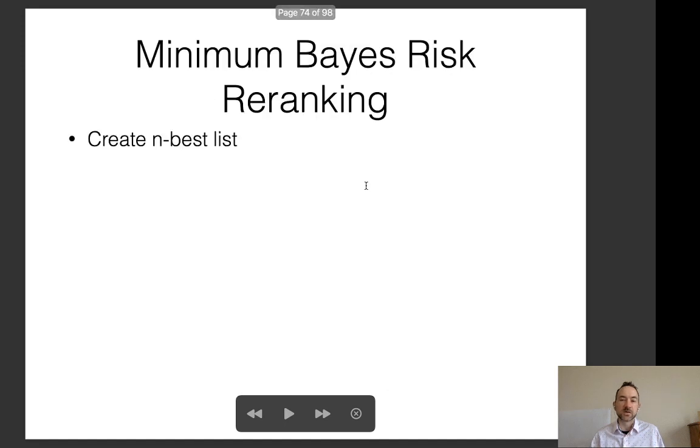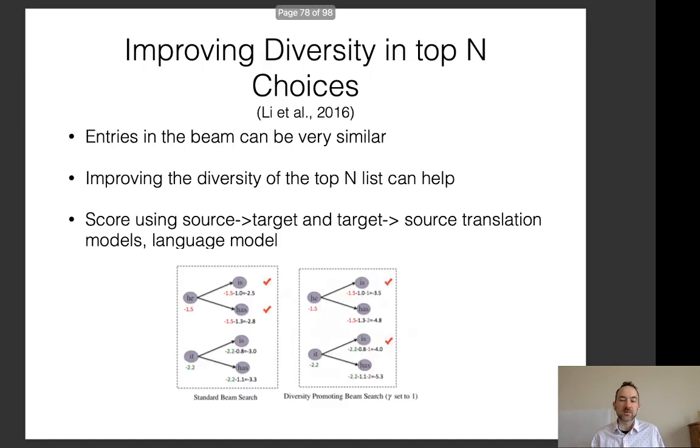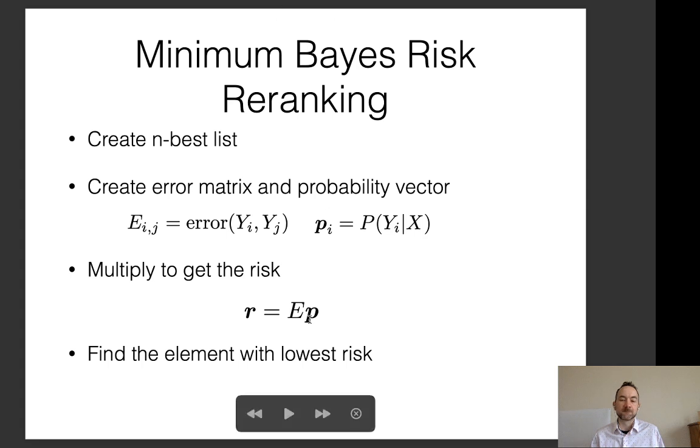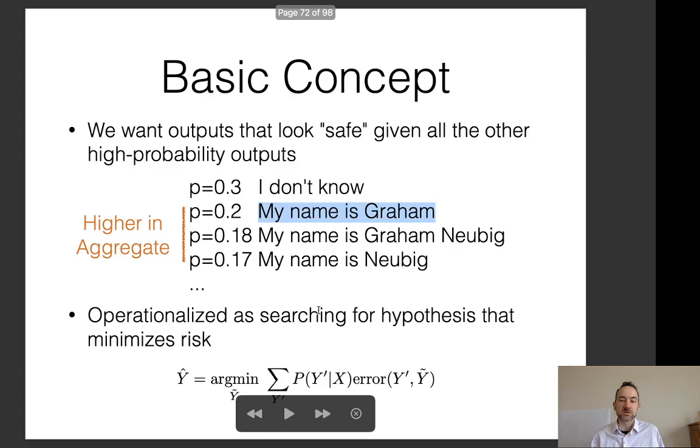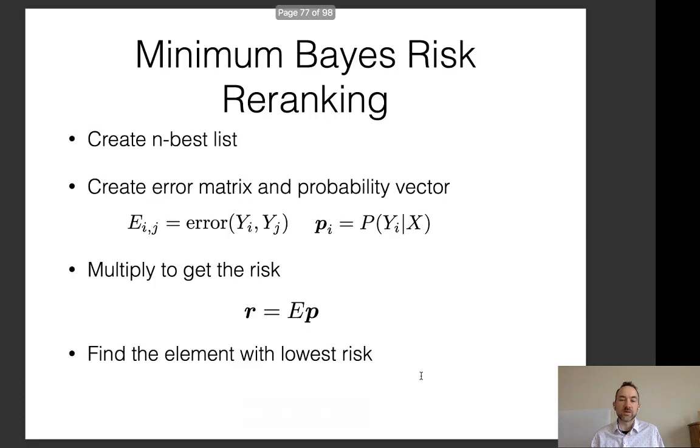By multiplying this matrix by the probability vector, each row in the resulting vector would be equal to this sum for one of the hypotheses, y tilde. So this is a way that you can realize this in actual mathematics or code.